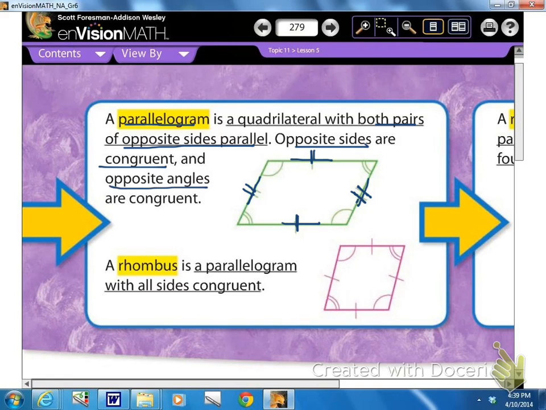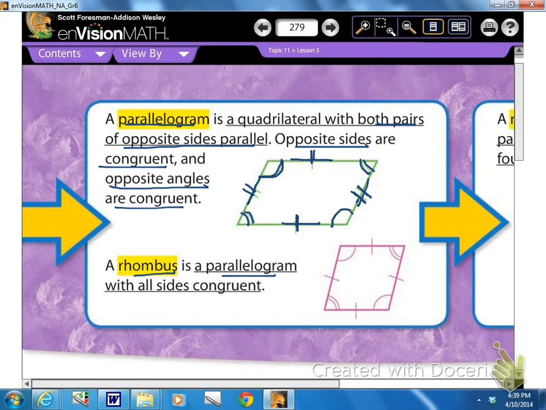And also, opposite angles are congruent. So you can see that this obtuse angle is congruent to this opposite obtuse angle, whereas these acute, opposite angles, are congruent. Same measure, same angle. A rhombus is a parallelogram with all sides congruent.